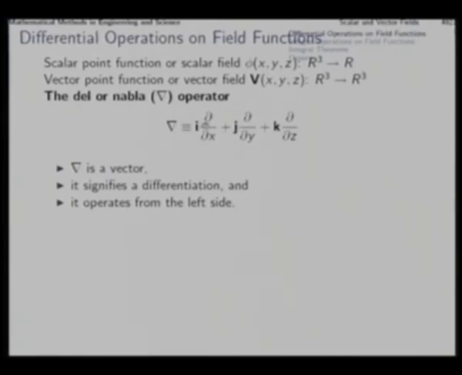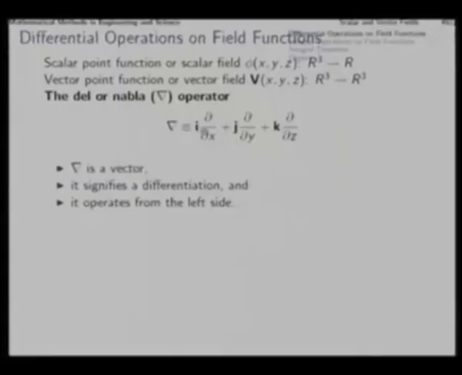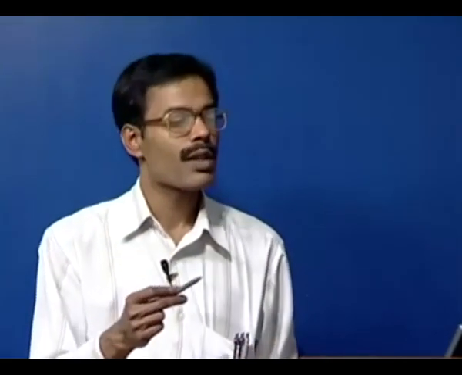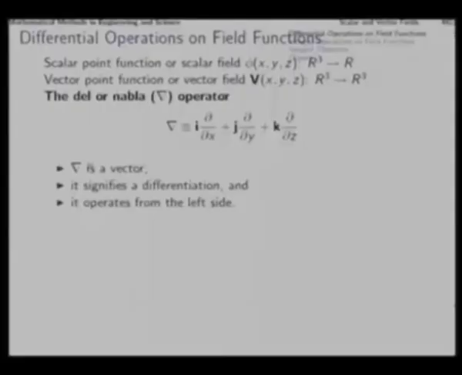So, when you carry out the algebra of this del or nabla operator, there may be situations where slight changes will mean different things. So, to save oneself from confusion, one must remember these 3 things.